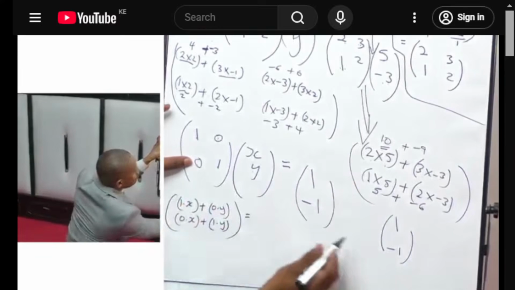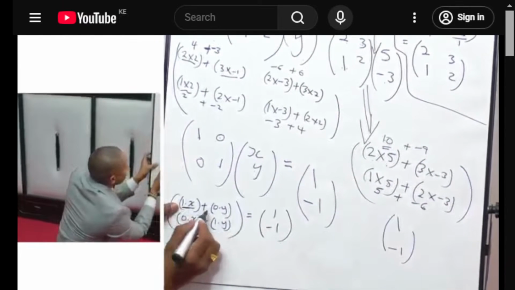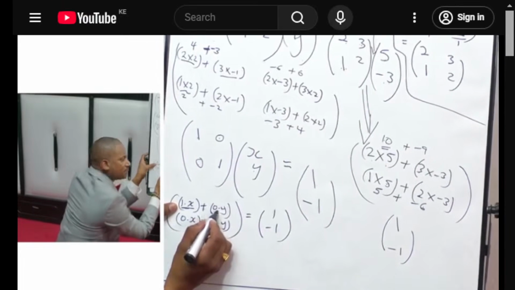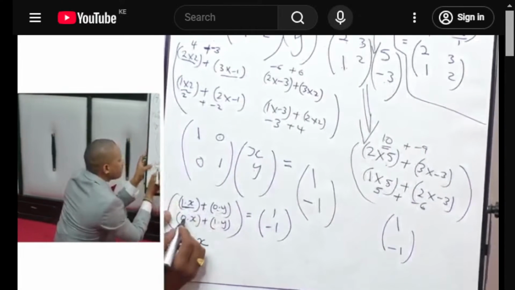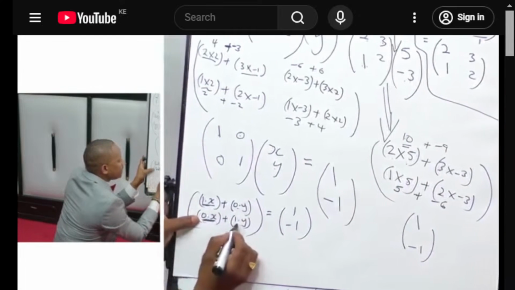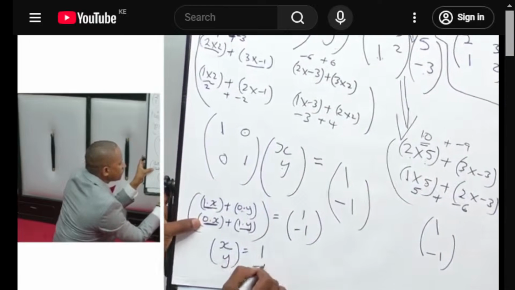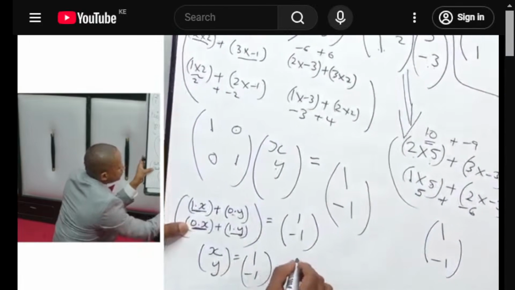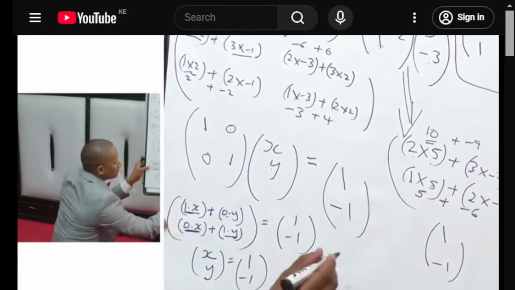Remember 10 equals 1 times 5. So this is x plus 0 times 0. X plus 0 is x. Then 0 plus y is y. 2 times this is 10, equals 1, minus 1, plus 3 times x equals 1. 10 y minus 9 is 1.